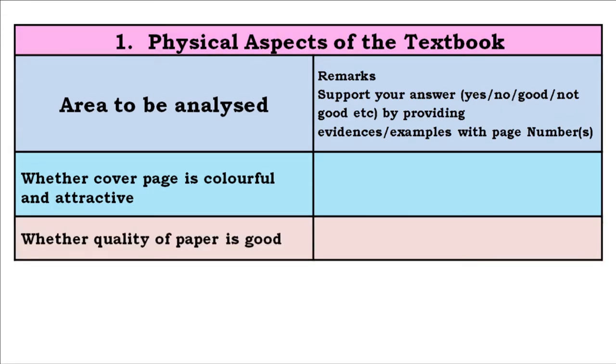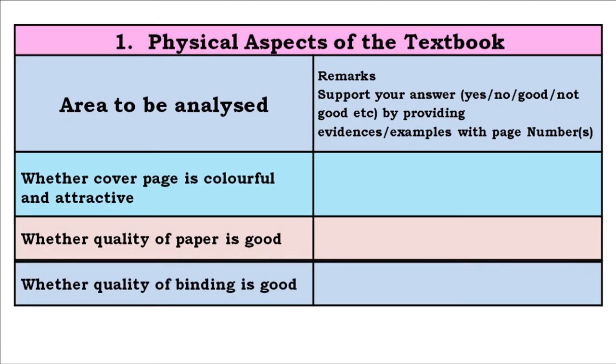Whether the quality of paper is good. If an intern feels that the quality is good, he will write good in the remark column. And if not, he will write not good in the remark column.